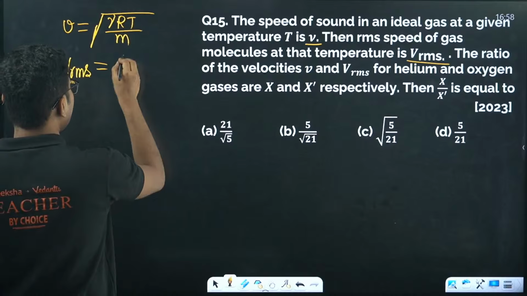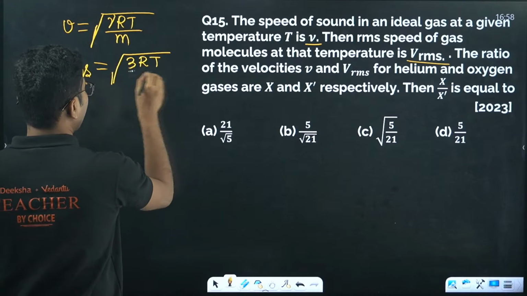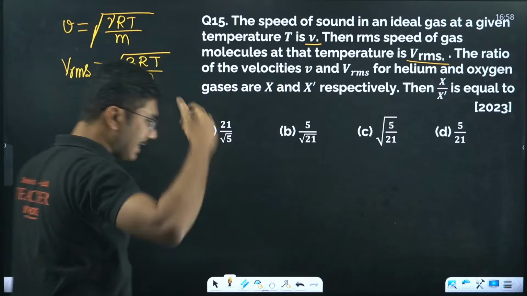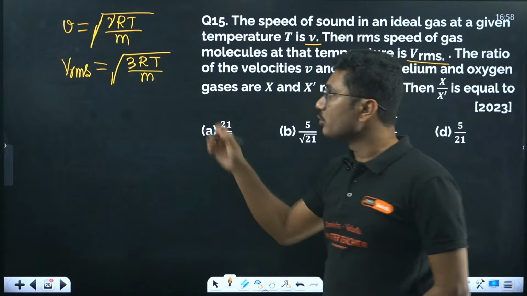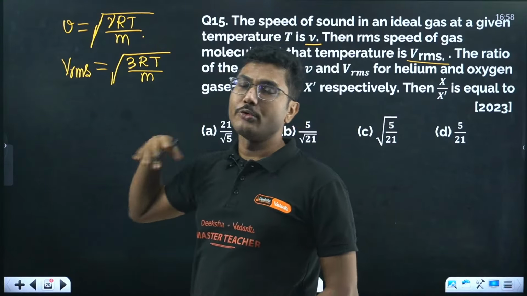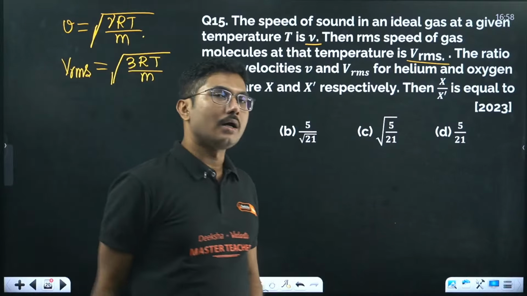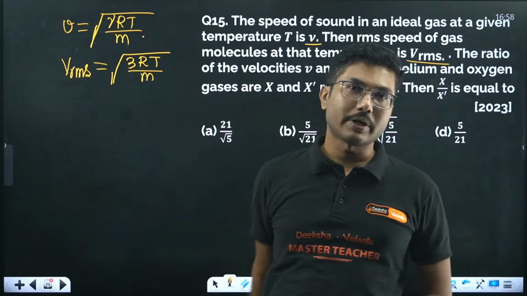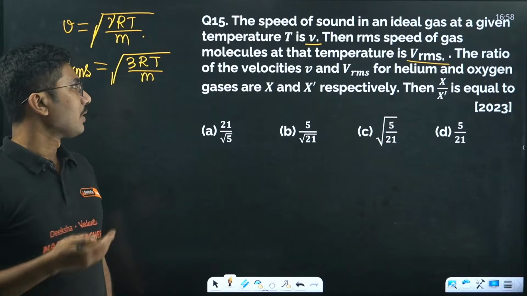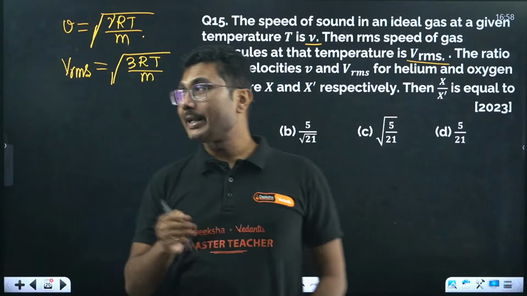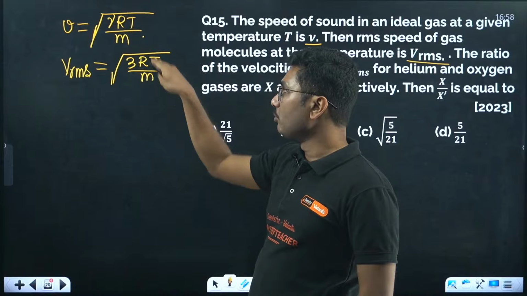It is given by root of 3RT by M. Now remember, sound is being carried by gas particles, so the mass is the same. Whenever I am talking over here, it is being carried by air, then converted electrically and sent to you. So the mass M of the air molecule is the same in both cases.